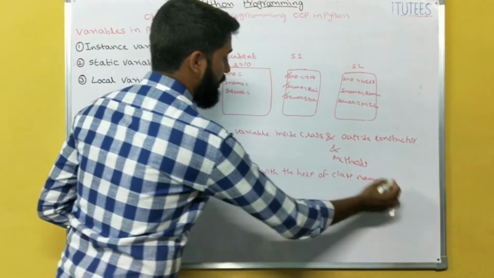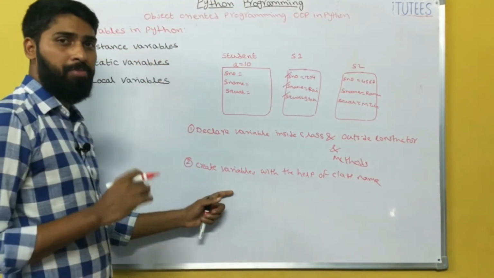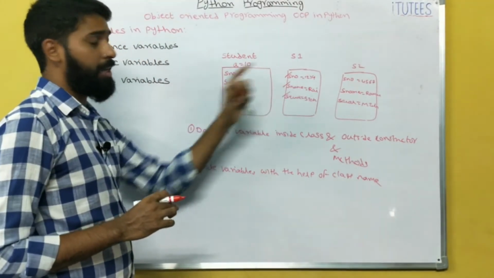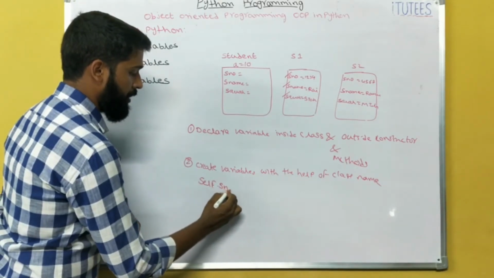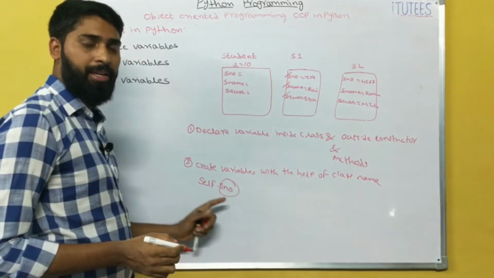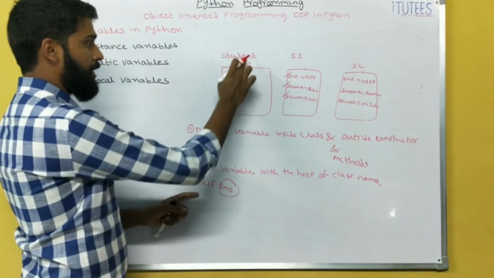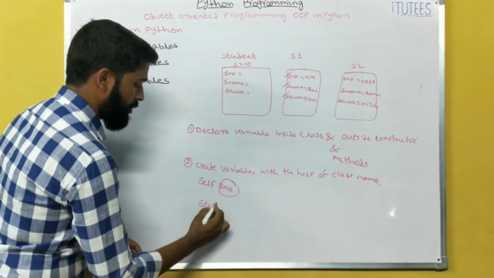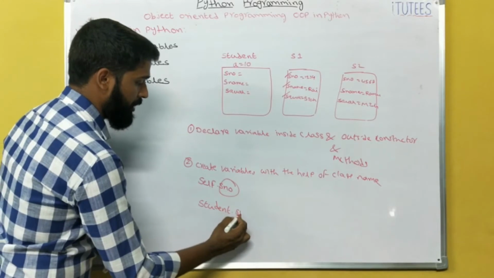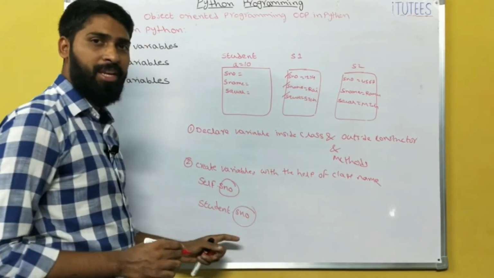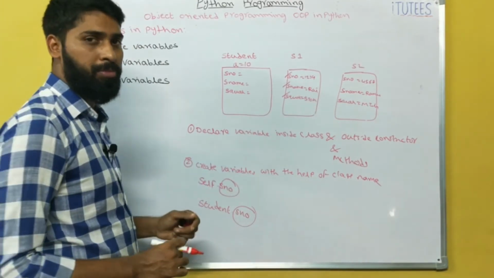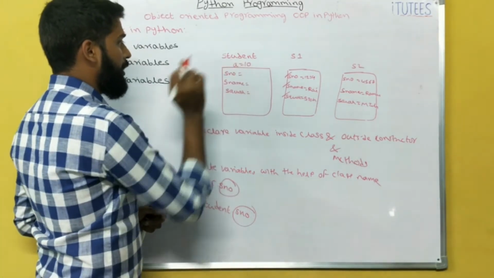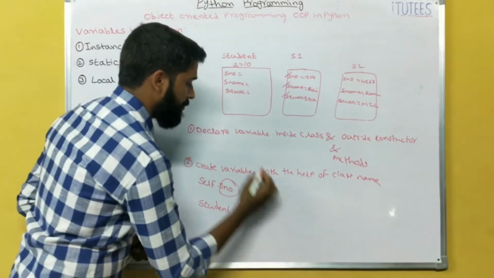How can we create the instance variable? With the help of the object name. S1 dot snumber, that means self dot snumber. Then snumber is an instance variable. If I use the class name, Student dot snumber, then snumber is a static variable and it is common to all the objects. For example, I am creating a equals to 10. Two ways.